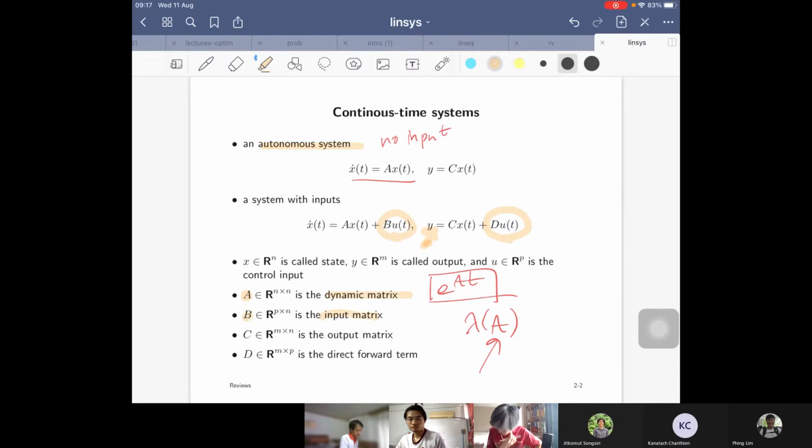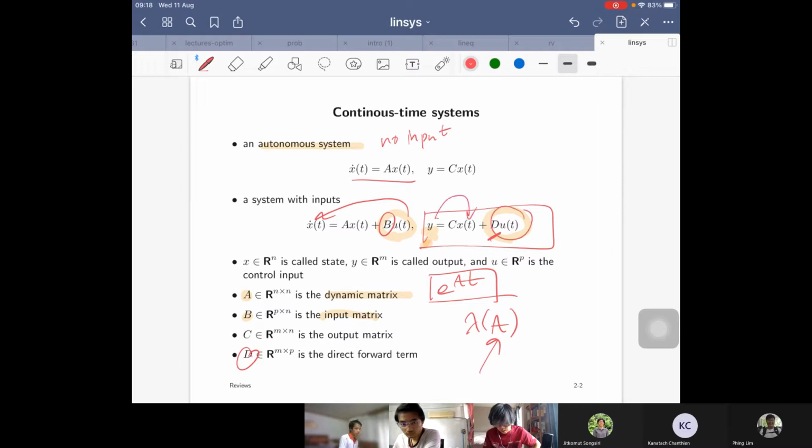The matrix B is called the input matrix because it suggests the gain from input to the state equation. The matrix D is called the direct forward term because the output y depends on the state x, and it has a direct addition term from u. We call the matrix C the output matrix because it explains the gain from the state variable to the output y.